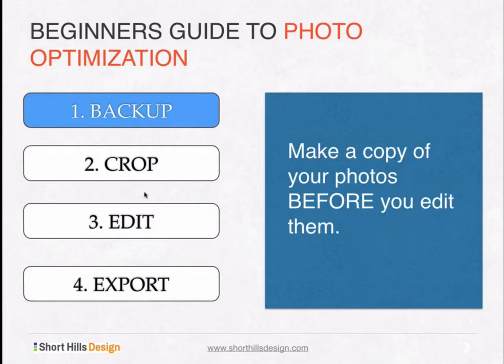Put the SD card in the computer or in the card reader, copy what's off there, make some folder called originals, and every time you put that SD card in there, copy those files into the originals, and then make a separate folder called working. So copy them into the originals, and then when you're ready to play with them, copy them into working. This way you never ever touch those originals. And if you want, throw those originals into Dropbox or to an unlimited online backup service. Just please have a copy.